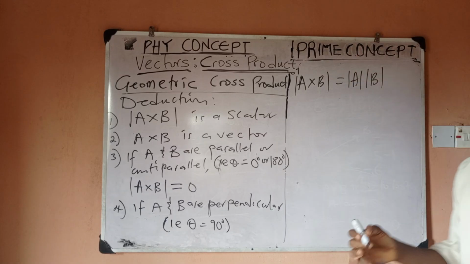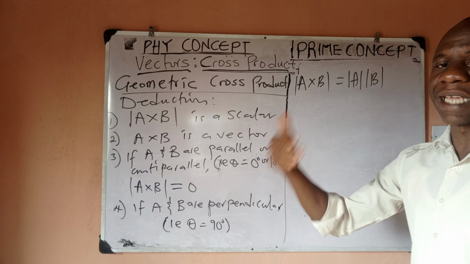This is what it would be, because if theta is 90 degrees, sine 90 is 1.